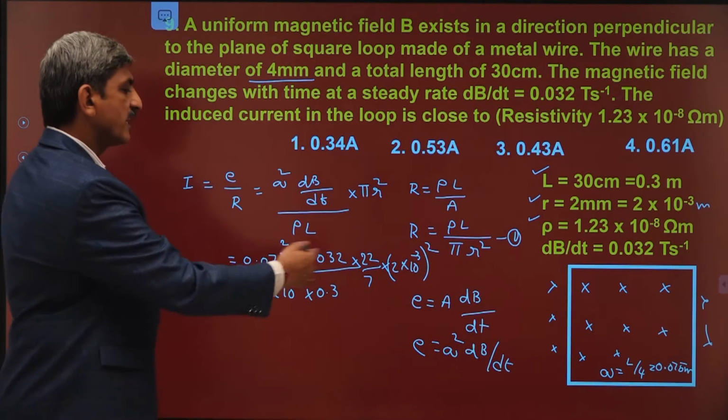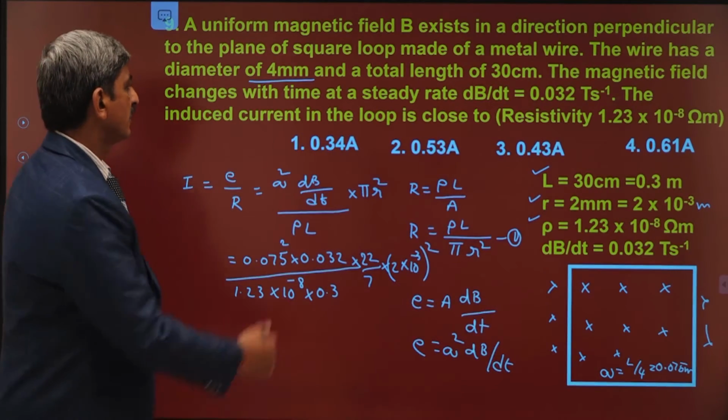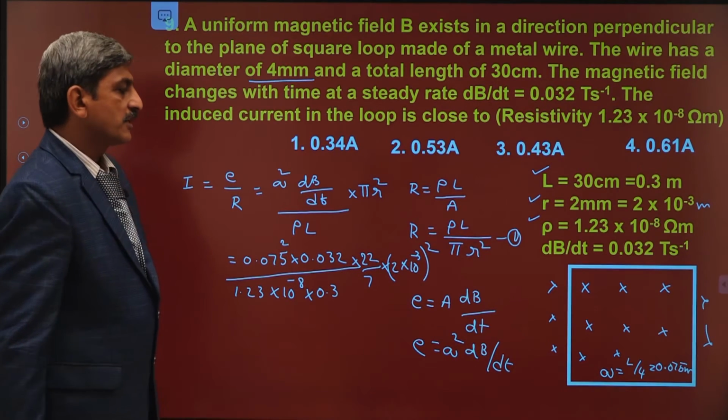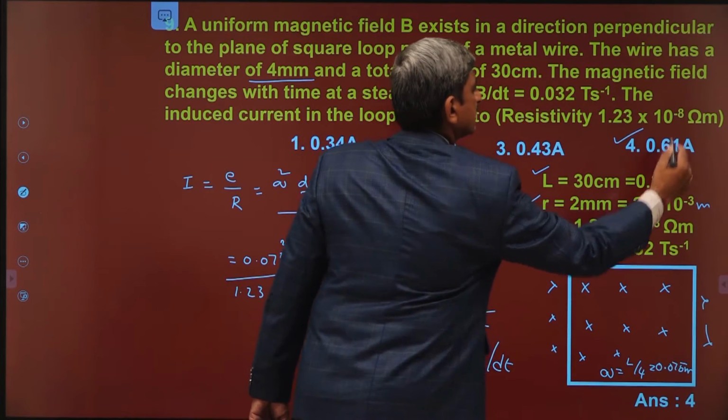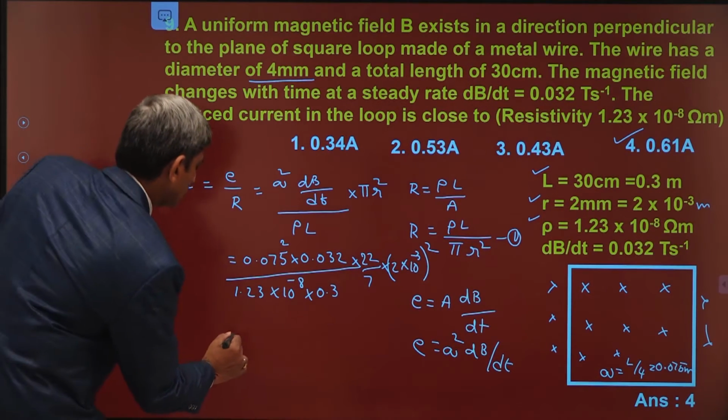So after making the mathematical simplification for this expression, we get the current passing through the coil. Here the answer is 0.61 amperes.